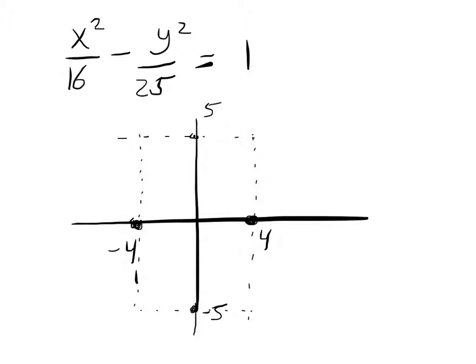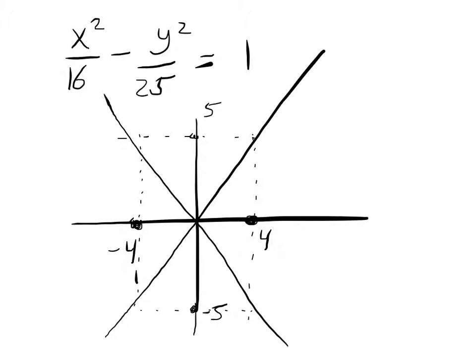So then letting the 5 and negative 5 and the 4 and the negative 4 be midpoints of the sides of this rectangle here, I then drew in the diagonals of that rectangle, which go through the origin, and those diagonals when extended are the asymptotes for my hyperbola, and I then can sketch in the two branches for my hyperbola. And again, as x increases or decreases without bound, the branches of my hyperbola come closer and closer to those asymptotes.